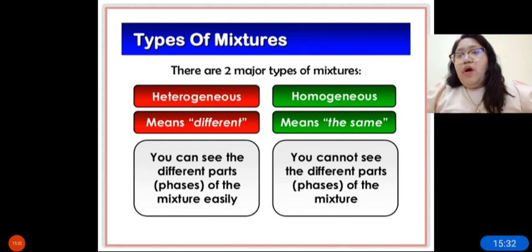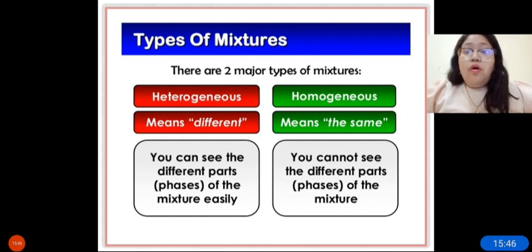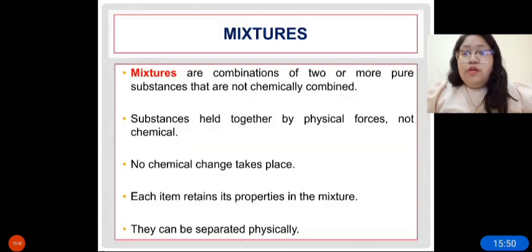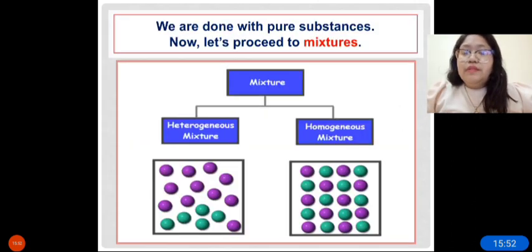So in a heterogeneous mixture, you can see the different parts or the phases of the mixture easily. On the other hand, in a homogeneous mixture, you cannot see the different parts or the phases of the mixture because the molecules are evenly distributed. So look at this one.